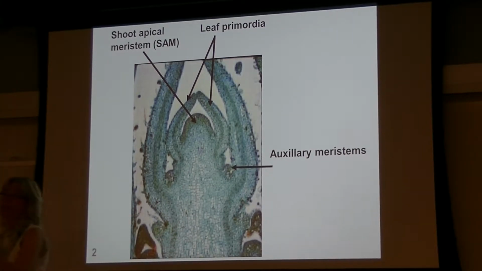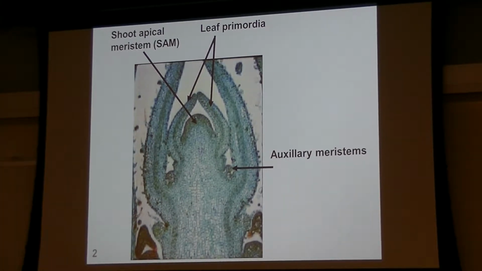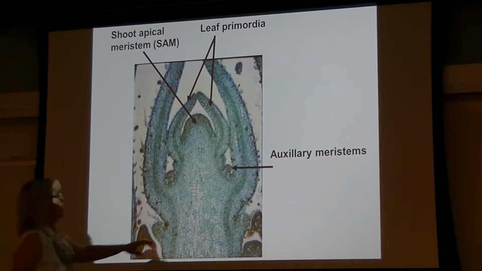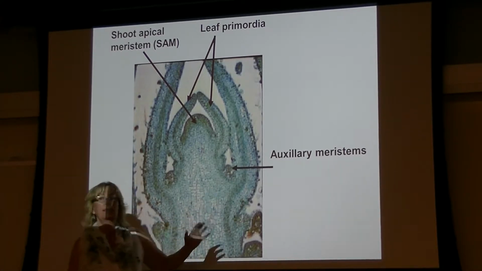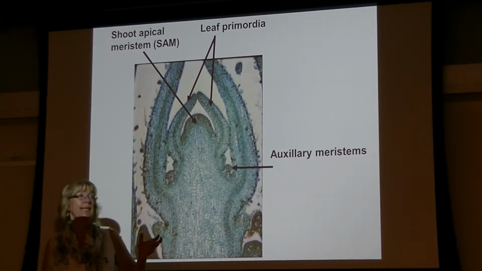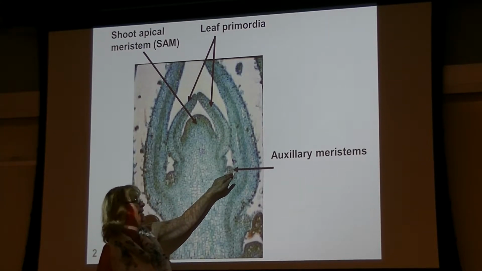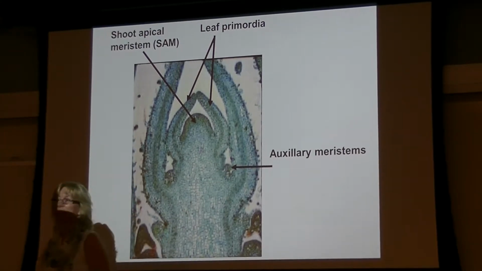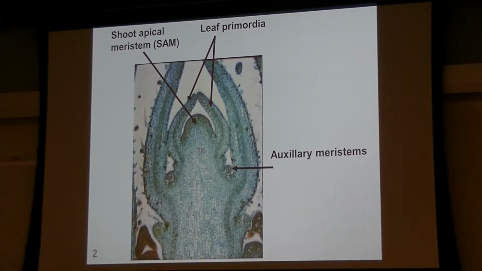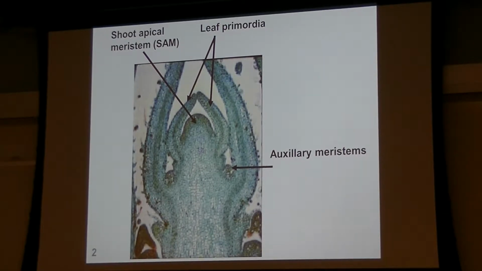And you'll find these near the sides of the shoot apical meristem, but also pretty much anywhere a leaf or another shoot joins onto a plant. Right there in the little elbow corner, or right in the crux of that joining structure, is another little meristem that is, again, a source of stem cells that could easily grow into another shoot, leaf, or whatever structure.